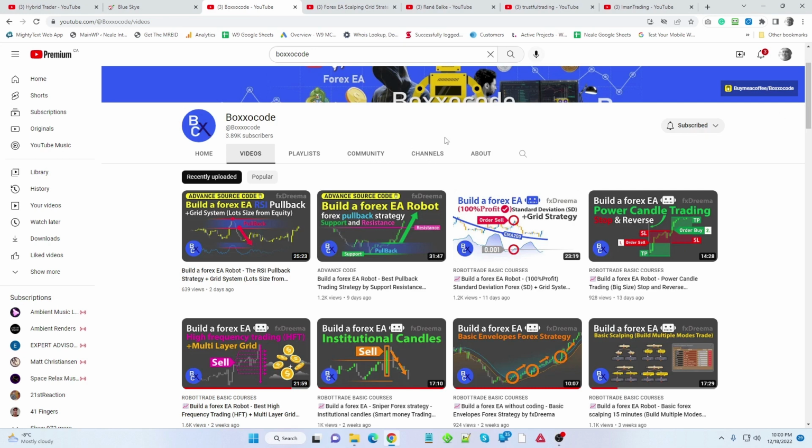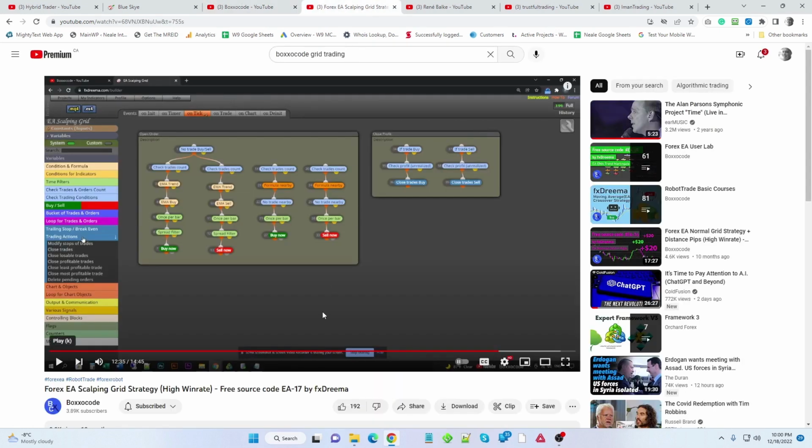Now, the EA we're working on today, called Blue Skye, is actually based on one of these very early simple samples, examples of code. It is this one here, which is grid strategy, it's a scalping. But you can see the actual code involved that he's showing as an example.